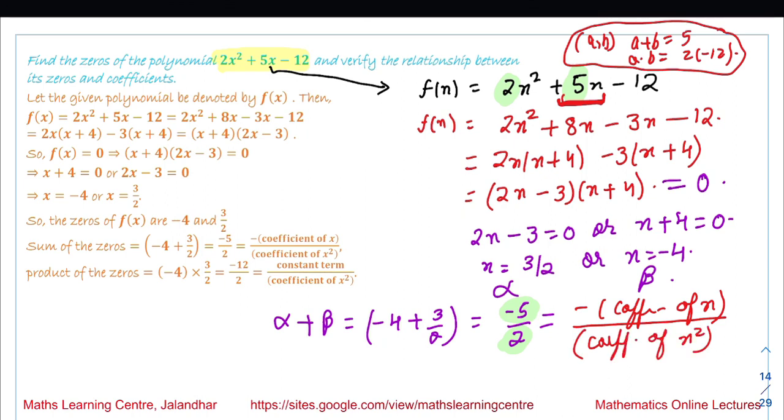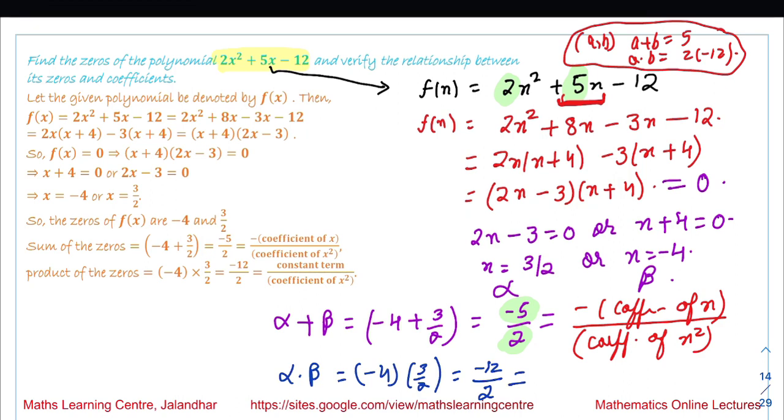x square. And when we are talking about alpha into beta, that value is equal to minus 4 into 3 by 2. So the answer is minus 12 by 2, basically minus 6.